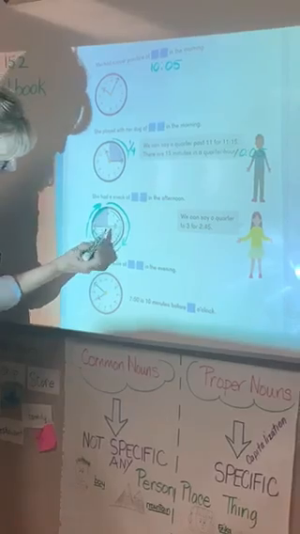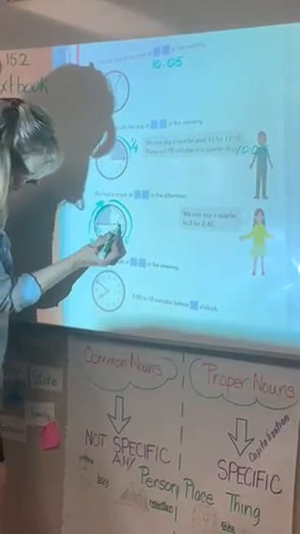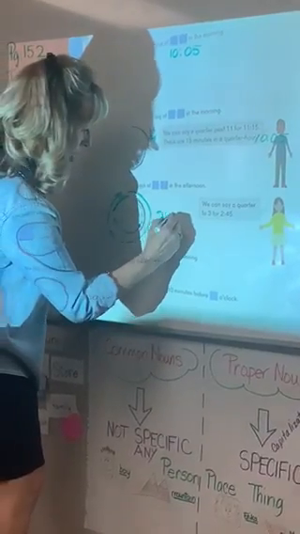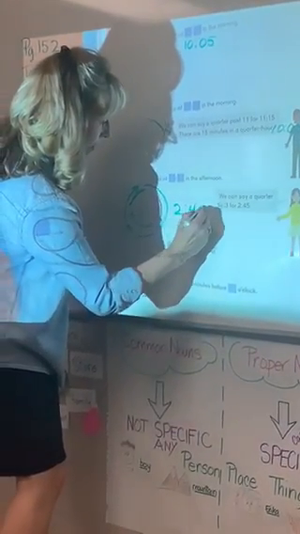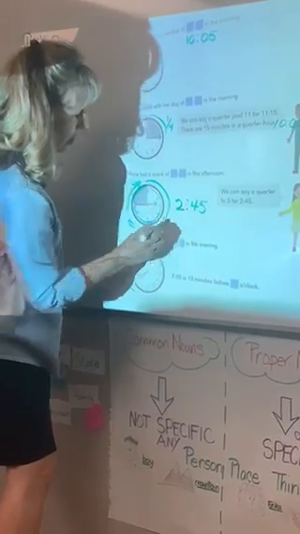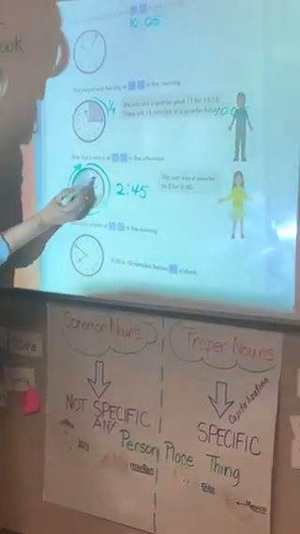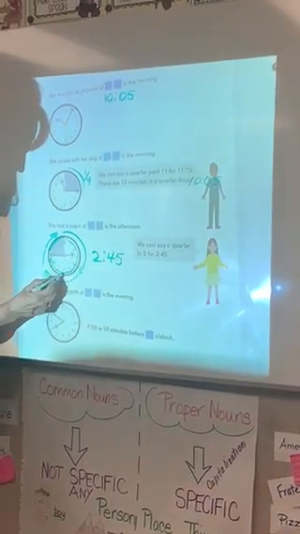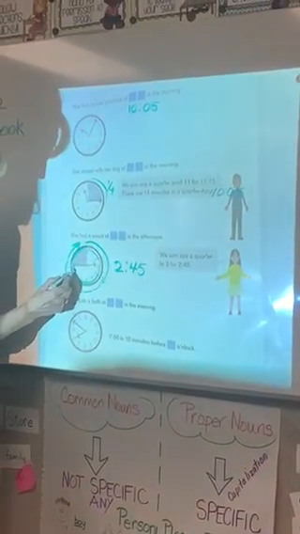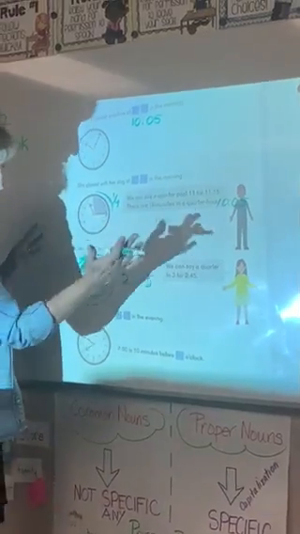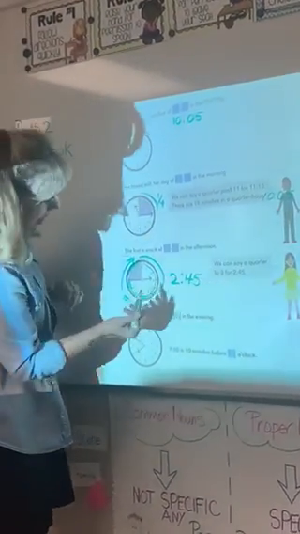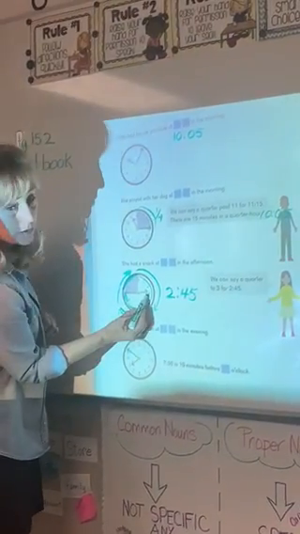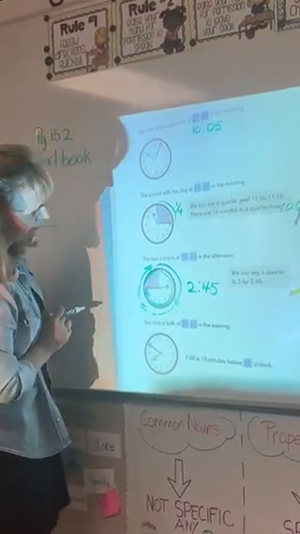But I want you to see how even though this hand is pointing almost to the 3, to write this out, it's actually 2:45, because it started at 2 and the minute hand came all the way around here to the 45, and when that rotated, so did the hour hand, and the hour hand is now almost on the 3. It's not quite on the 3 yet, but it's almost there.